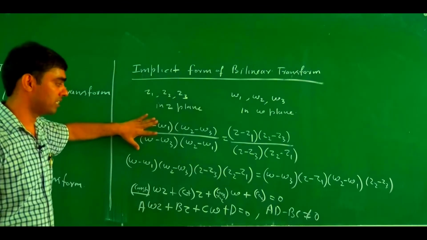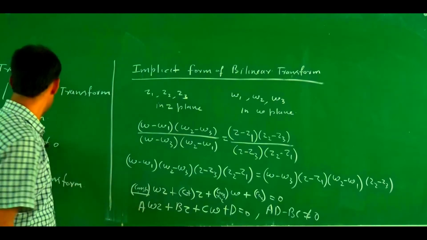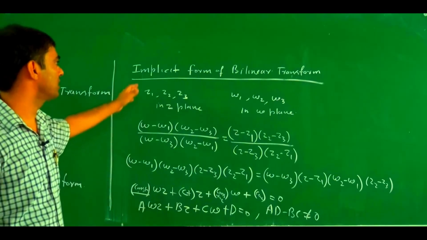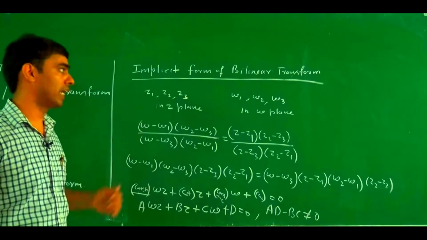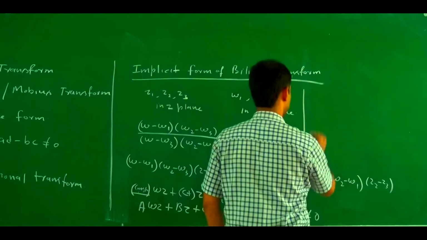So this implicit form can also be written as a bilinear transform, and that is why it is also called a bilinear transform.